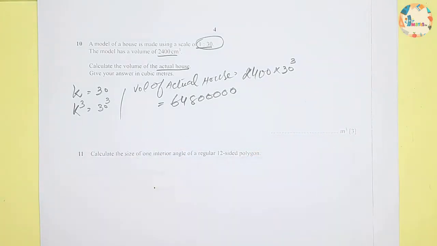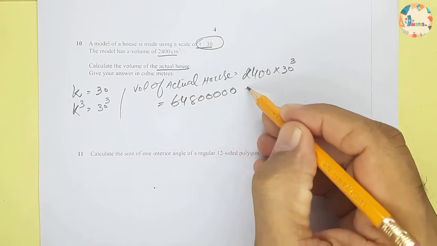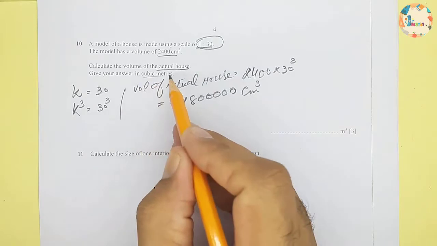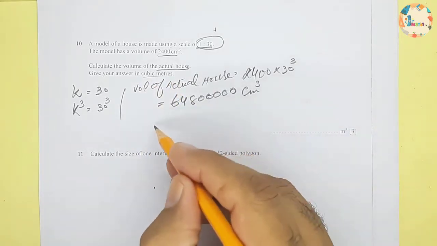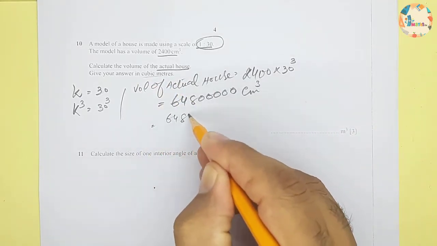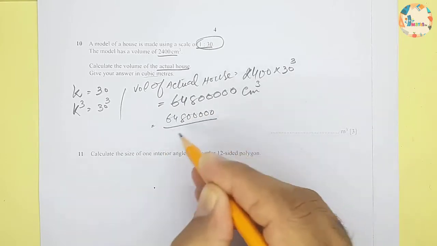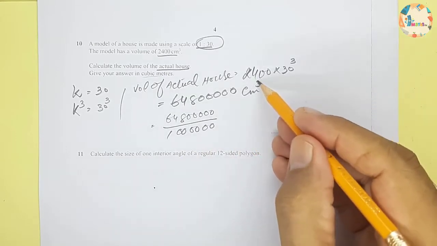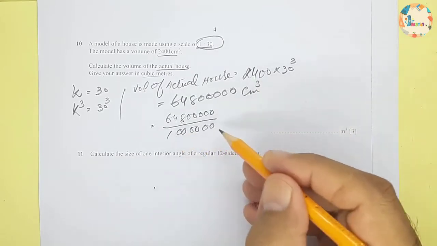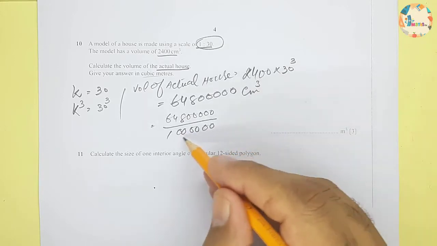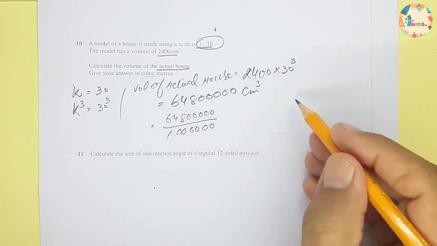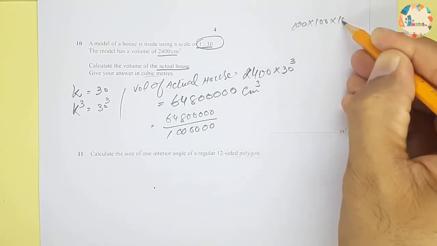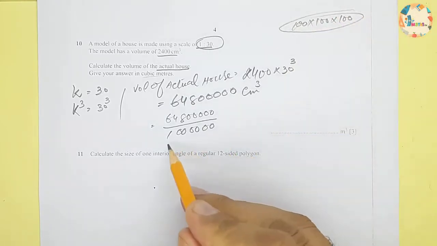Now the thing is that this is in centimeter cubed, but they are looking for the answer in cubic meters. To change to cubic meters, we will be dividing this. Because there are 3 dimensions, for each centimeter we will be dividing by 100, so it will be 3 times 100, meaning 100 into 100 into 100, so this will be 6 zeros.